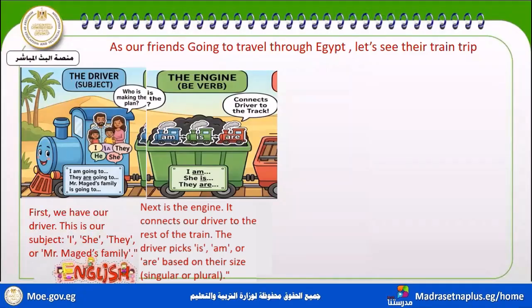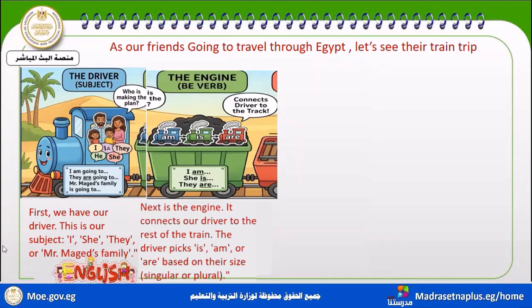How can we choose? We choose according to the subject. If it is I, we have am. If it is she, he, it, or any singular, it is is. If it is something in the plural, it's are.